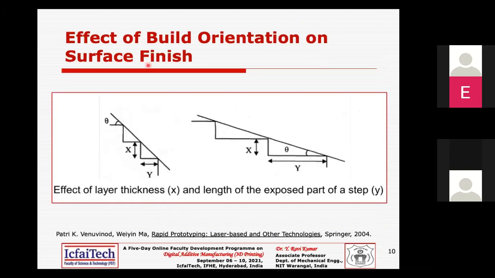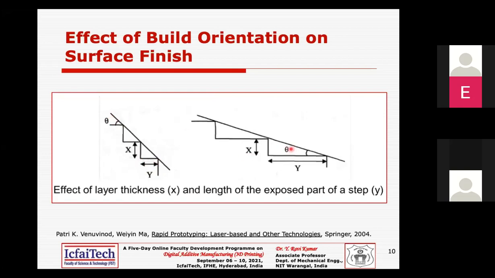Say your build orientation on surface finish. For example, I have the layer thickness, say X is my layer thickness, and you are going layer by layer, first layer, second layer, third layer, and so on, where Y is the exposed part area, or the gap, or the error. So that error, quantify it as Y in this orientation theta.